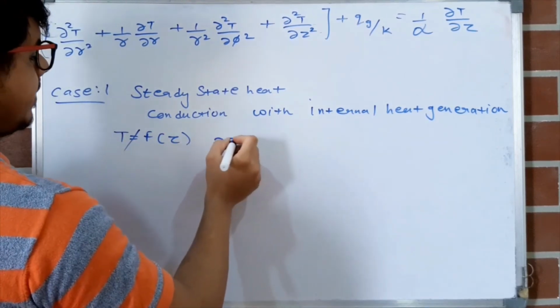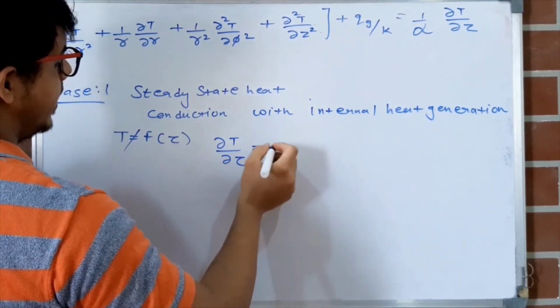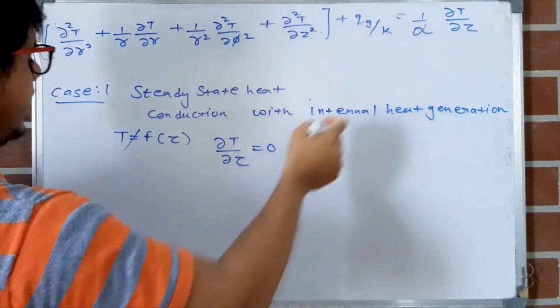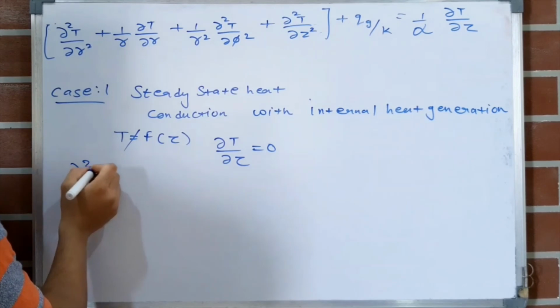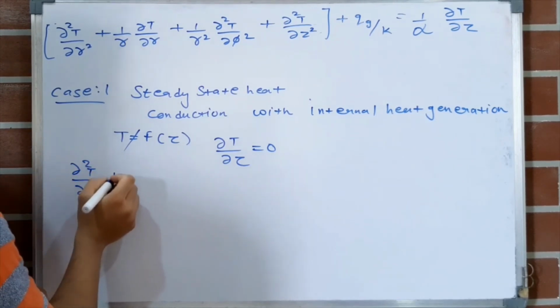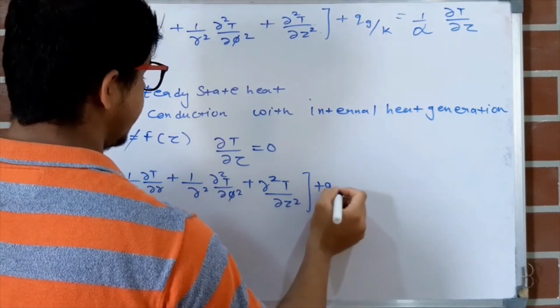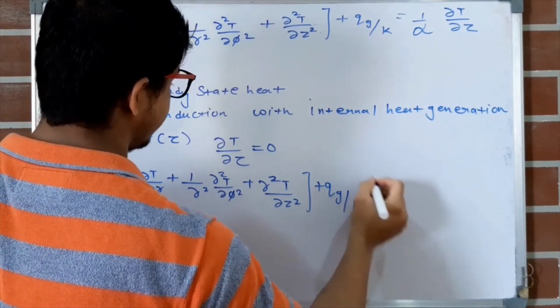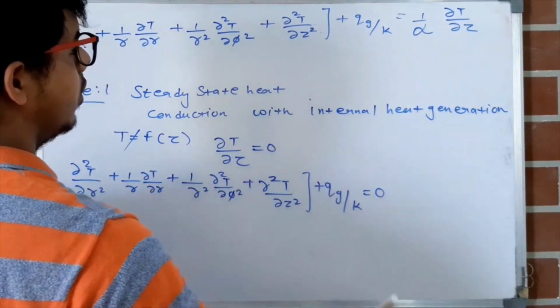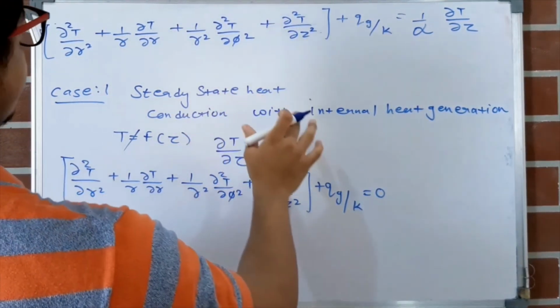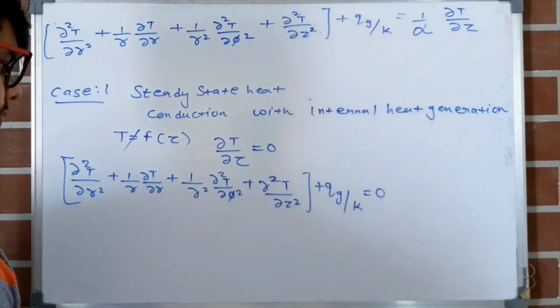Our del T by del tau will be 0, and there is internal heat generation, so that term remains. So we get del square T by del R square plus 1 upon R into del T by del R plus Qg by K is equal to 0. The right hand side will be 0. So this is the equation for steady state heat conduction with internal heat generation.